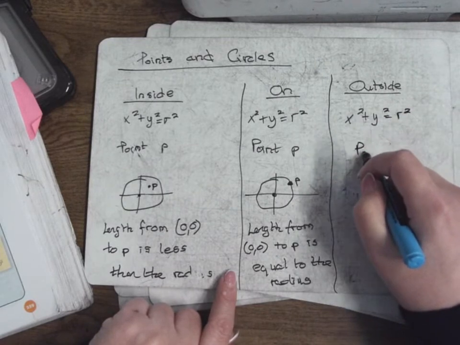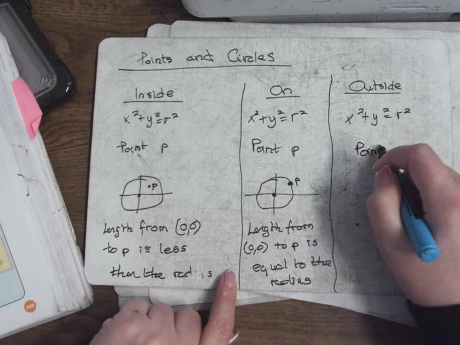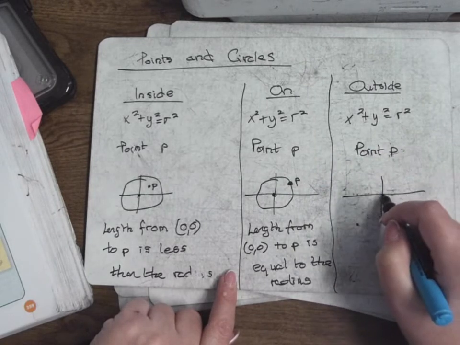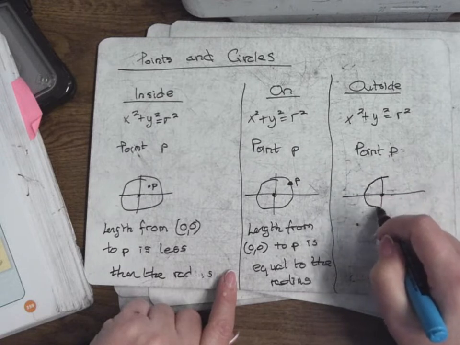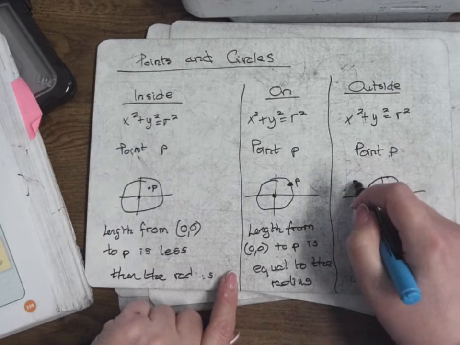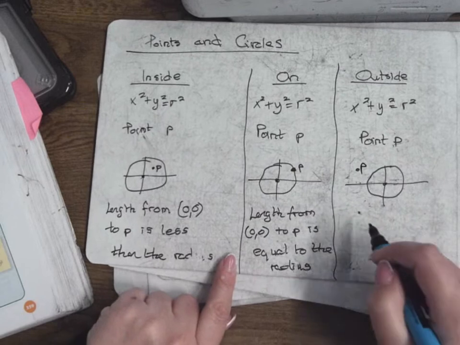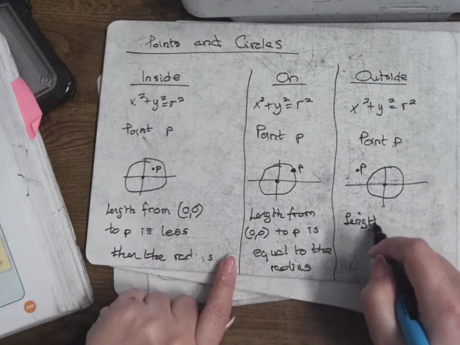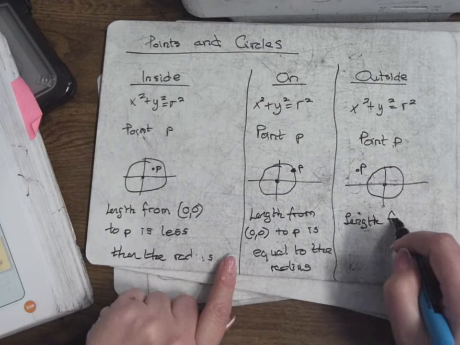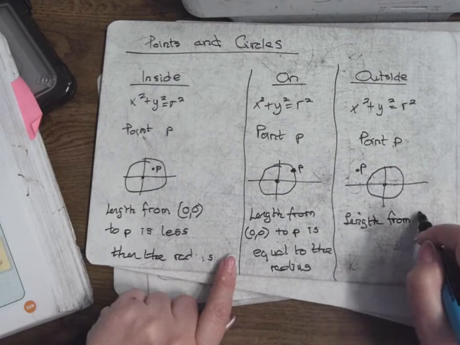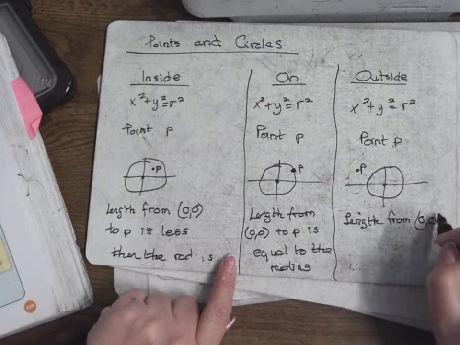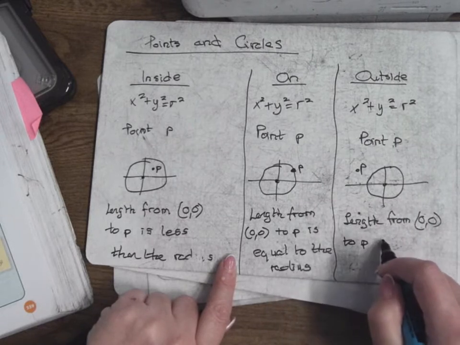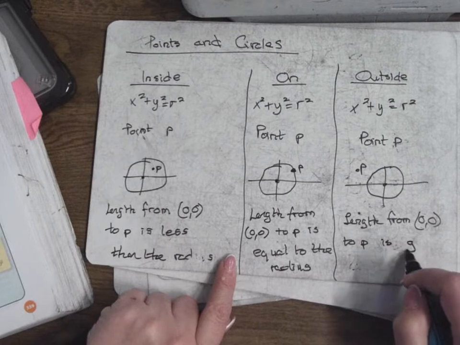So the point P, you'll be given a circle. I'll put P over here just for a change. So if you get the length from 0, 0, which is the center of the circle, to P, and it turns out to be greater than the radius.